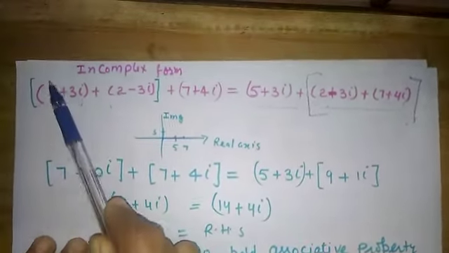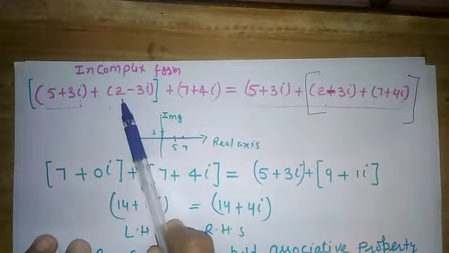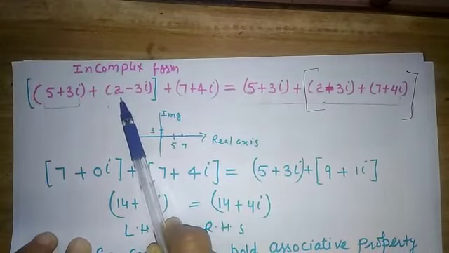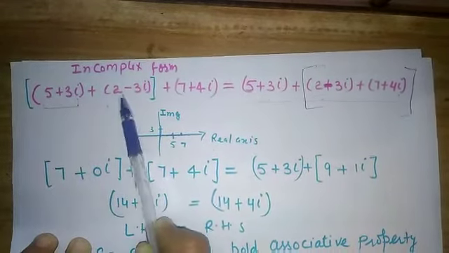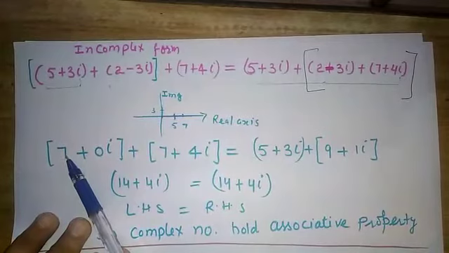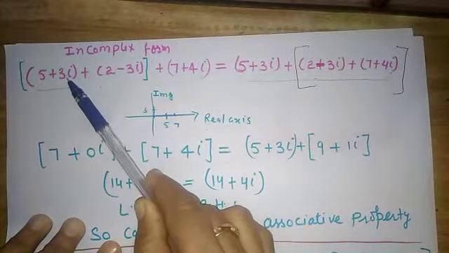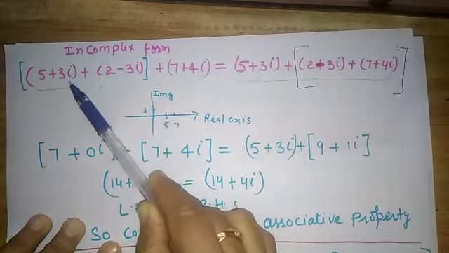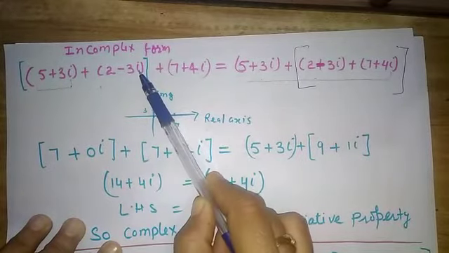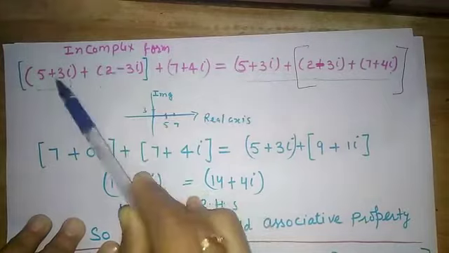In the first complex number it is 5, and in the second complex number it is 2. So I will add 5 and 2. It will become 7. Right? And this is 3 iota. This is imaginary and this is also imaginary, so we will add both.